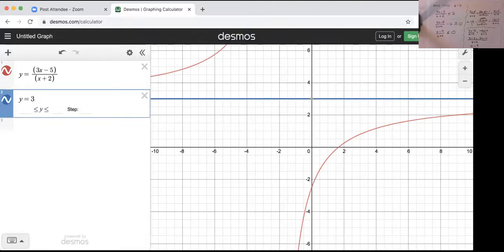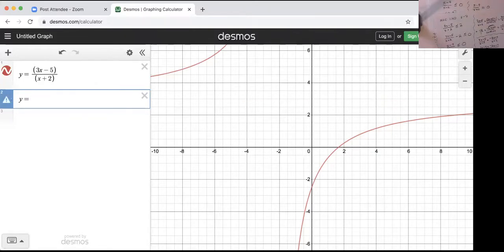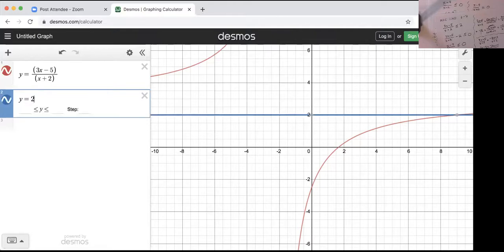And what do we have? (3x minus 5) over (x plus 2) less than or equal to 2. This is what I have.